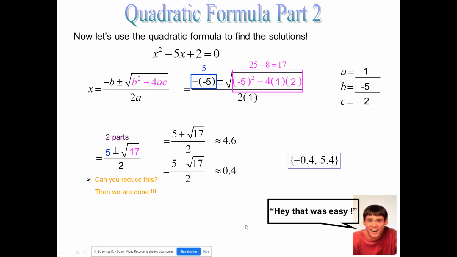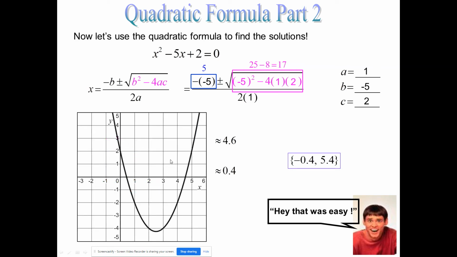Okay, so in order, all right, it looks like we've got incorrect answers here, which I'll change in a second. Okay, but we should have 4.6 and 0.4, right? Because here's the graph, and my graph is right there around 0.4 and right there around 4.6. So let me go ahead and fix that real quick.